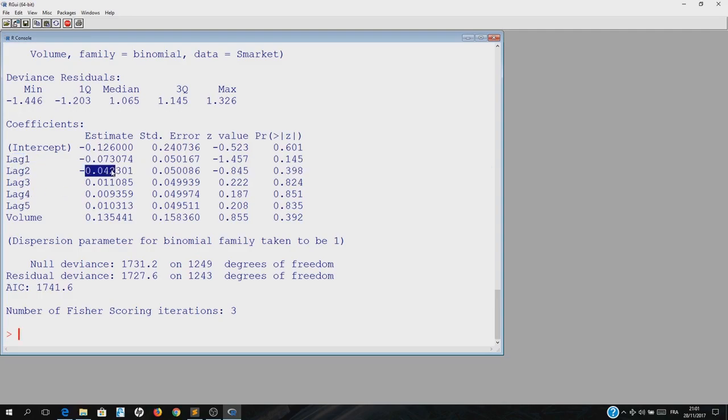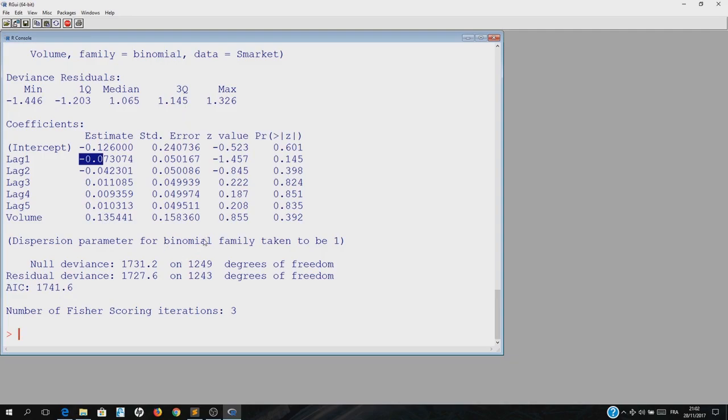We have a negative slope. What does that mean? That means if yesterday the stock market went up, like all the prices went up, today we should predict that the market is going down. Like 0.07 is really low, but mostly it's going down because yesterday it went up. And if it went down yesterday, there is a higher probability that today it's going up.